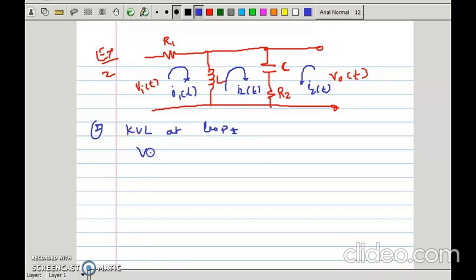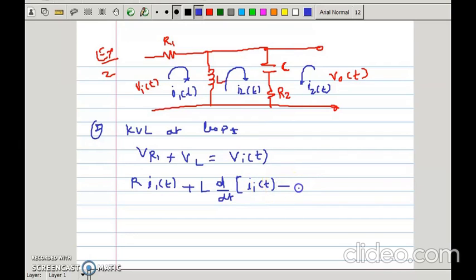So the voltage across resistor R1 plus the voltage across the inductor equals Vi of t. What is the voltage across R1? R I1 of t, right? Plus what is the voltage across the inductor? It is L d by dt of the two currents, because there are two currents. So the first current is I1 minus the second current I2, which is equal to Vi of t.